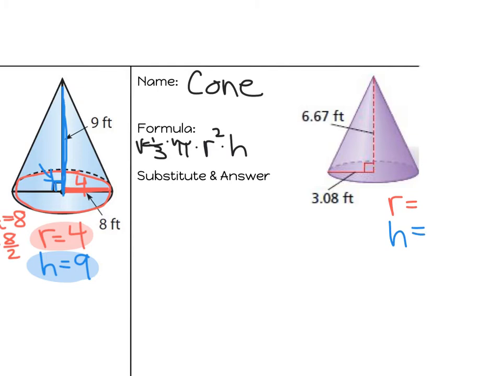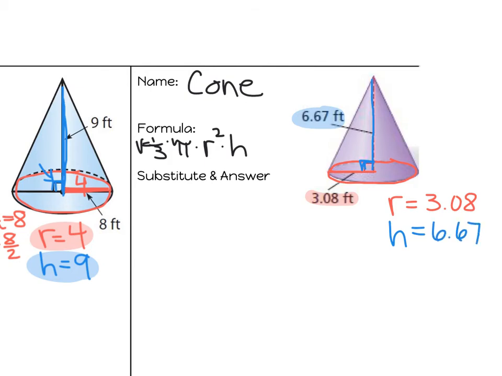So for the radius, I'm going to look for the circle because radius is part of the circle. It's right here, halfway across the circle. So I know r is 3.08 feet. And then my height makes a right angle and goes up to the point of the cone. So my height is 6.67.